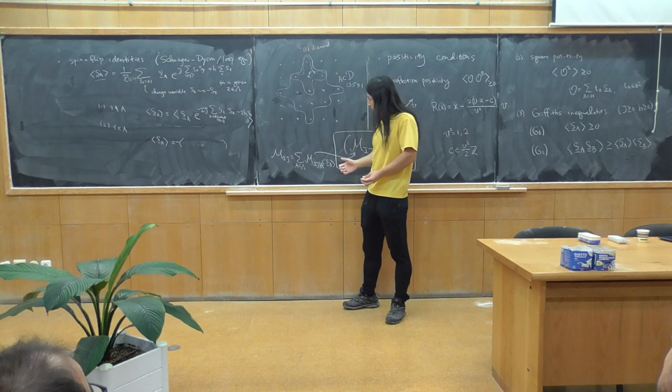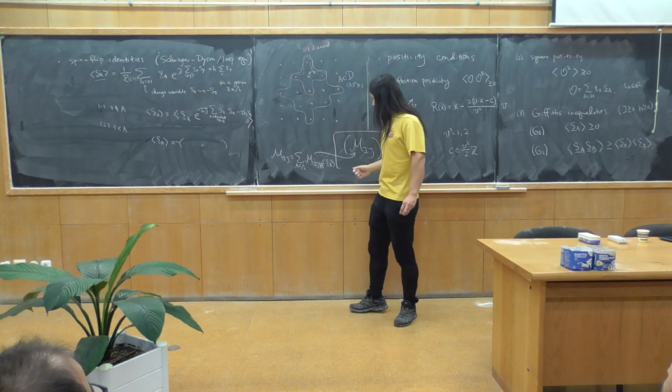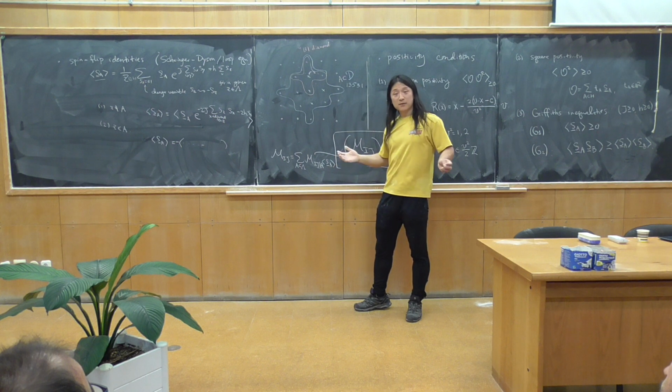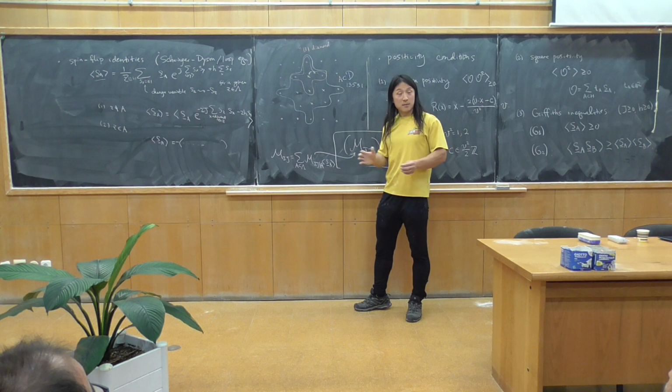So what you can do is first solve these linear relations, the spin flip identities, and then you get these positive semi-definite matrices whose entries are linear in the independent variables, and then you can choose to minimize or maximize some linear combination of that.